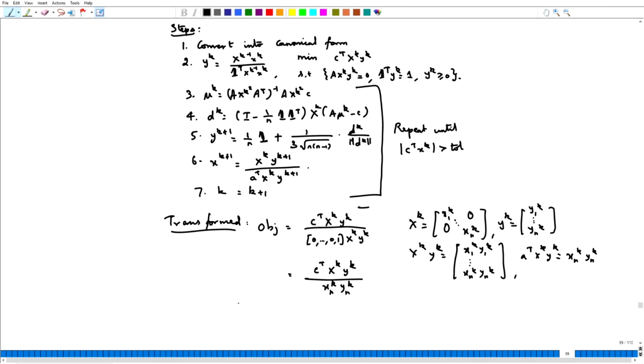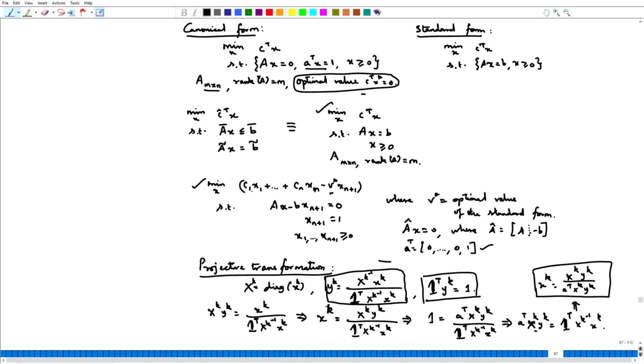Now, when you consider the transformed problem, it is min of C transpose x k y k by x n k y n k. The C here, if you recall, has minus V star.